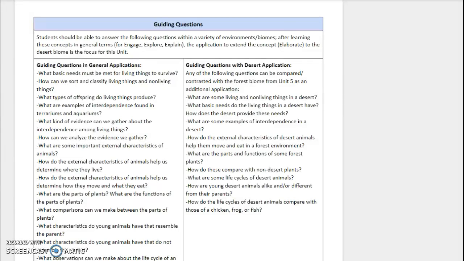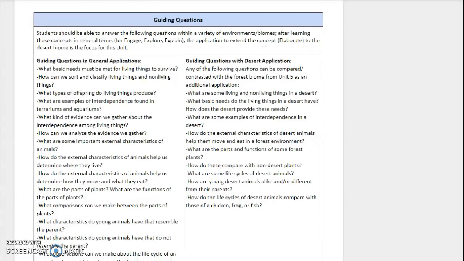Of course, basic needs in the desert is going to have a high emphasis on making sure that they have enough water, because that's a limiting factor in the desert, unlike the forest that we talked about last 6 weeks. So it provides some opportunity for compare and contrast, which are really great opportunities for your kids to do some higher level thinking.